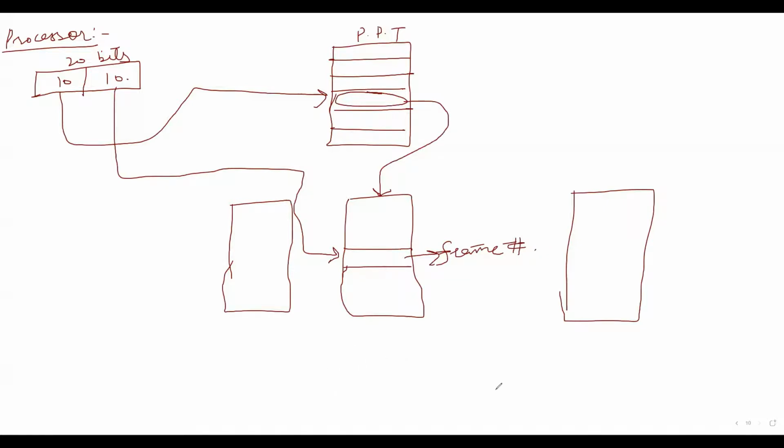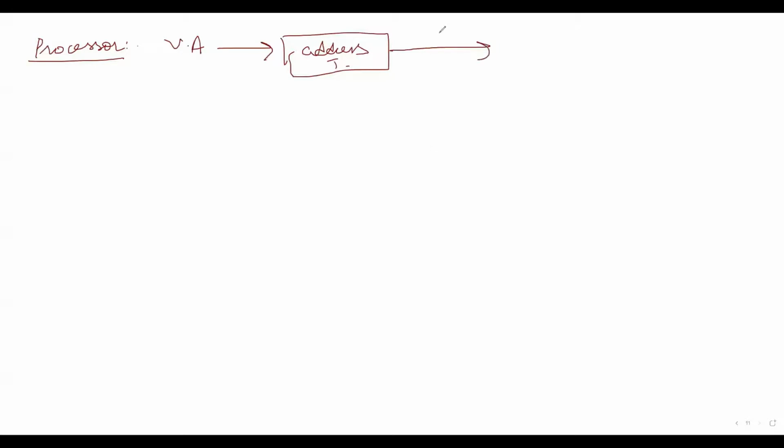So what is going to happen? Let me write it in algorithmic form. The processor sends a virtual address. This virtual address goes to the address translation system, and this address translation system gives the physical address.